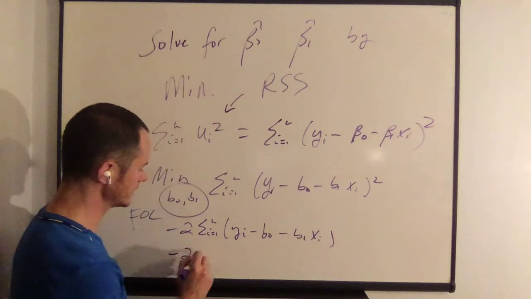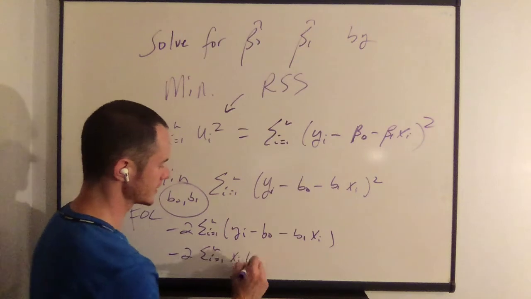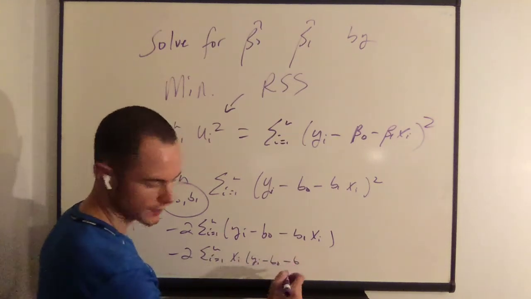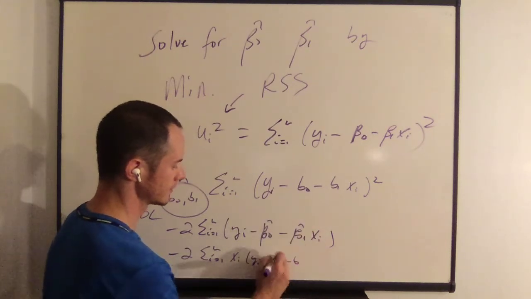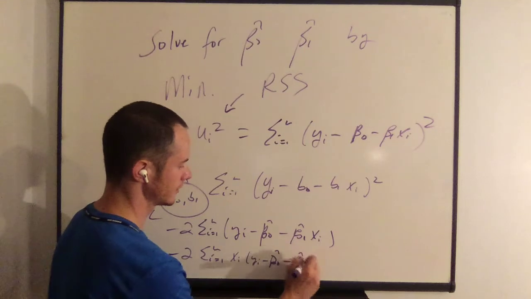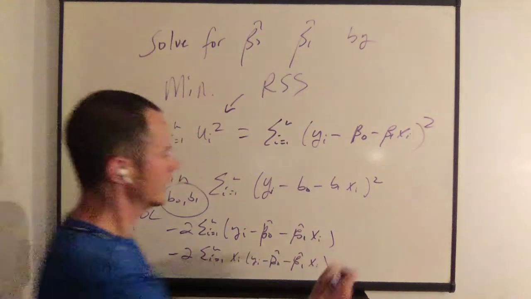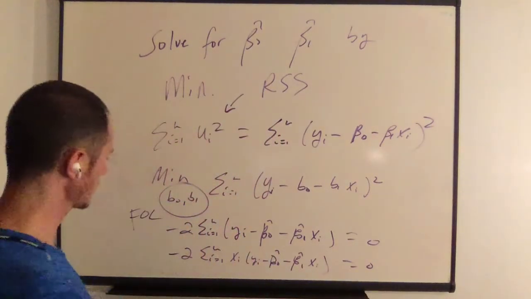The second is -2 times the sum from i equals 1 to n of xi times yi minus beta naught hat minus beta 1 hat xi. Yes, we'll use the hats now. These are first order conditions, so we set them equal to 0.